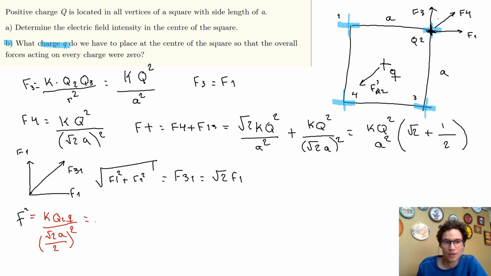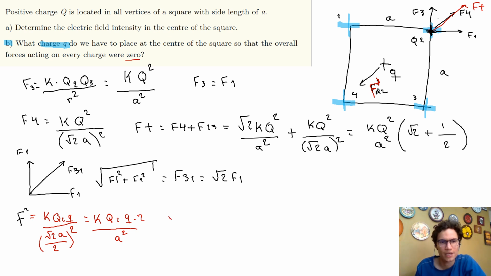So this will be K q times 2 over A squared, and we are looking for this q to cancel. I mean, the resultant force Ft must be equal to the force prime to cancel each other, because we're looking for an overall force of 0.